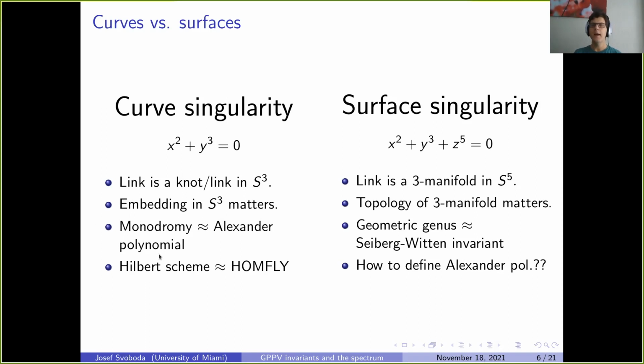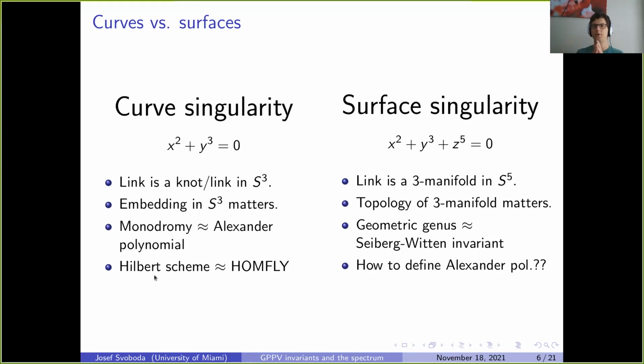And there is a very nice and much more recent story which tries to generalize this relation to the HOMFLY polynomial. This was a conjecture of Oblomkov and Shende, and proved by Maulik in 2010 or so, that you can also get the HOMFLY polynomial, which is a big generalization of Alexander, by computing some Euler characteristics of parts of the Hilbert scheme.